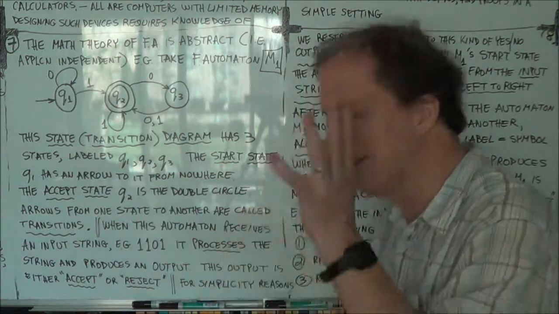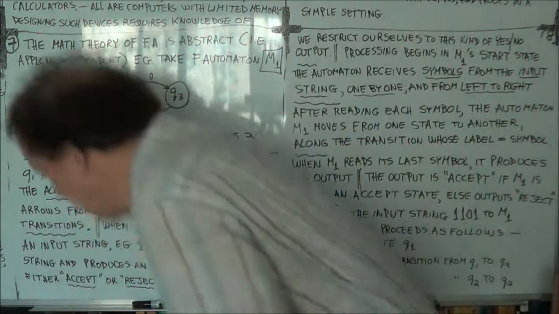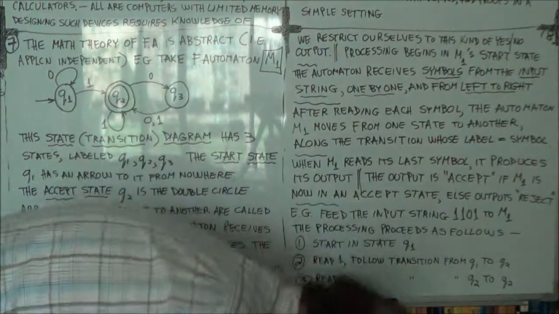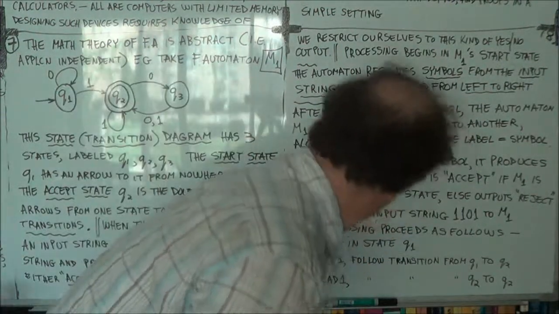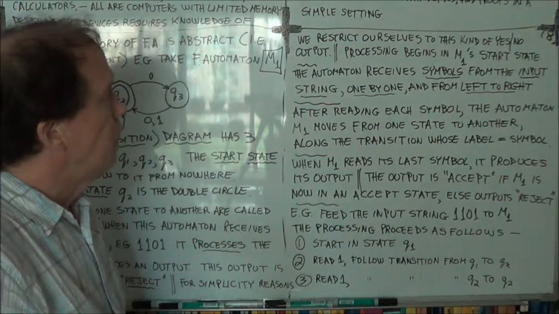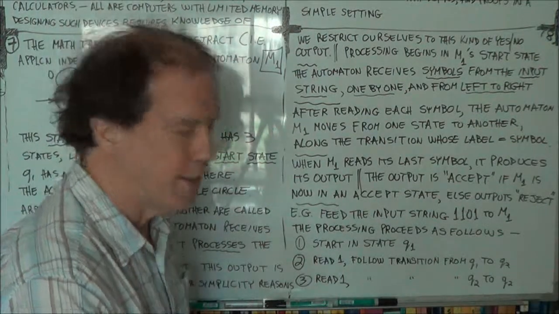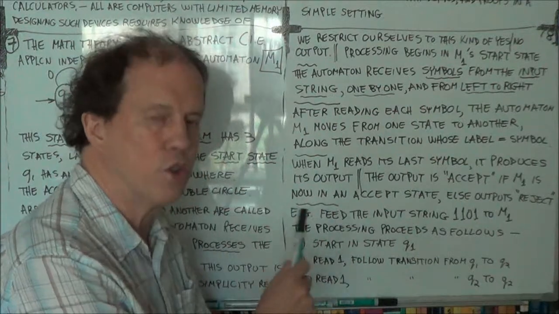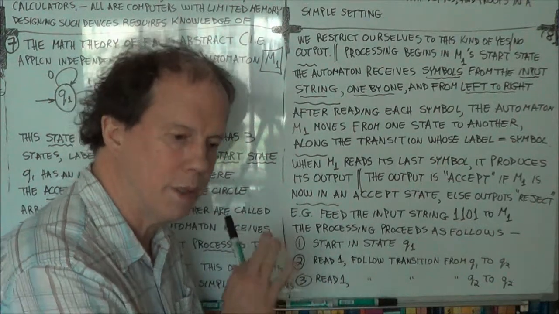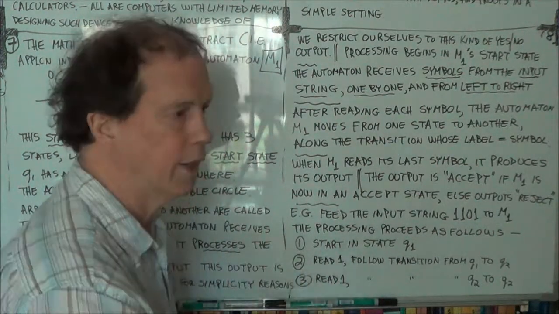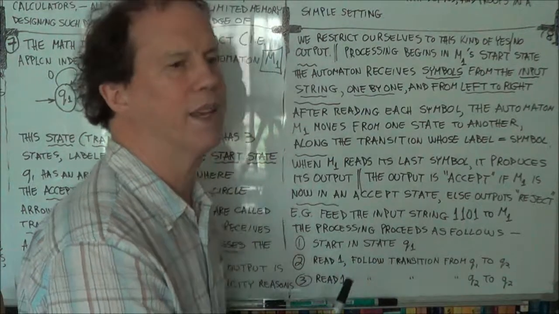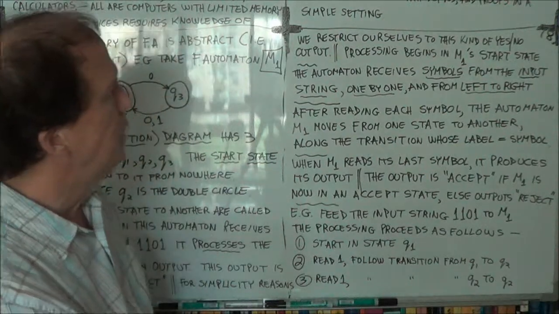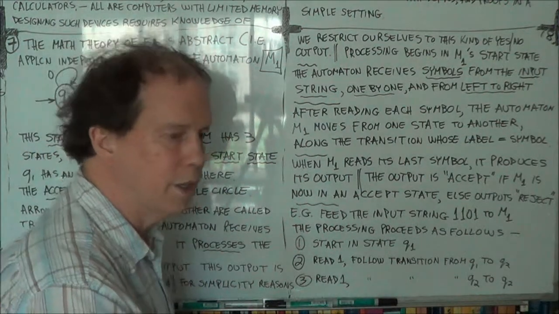Well, that's for later. For simplicity's sake, we will just have two possible outputs, accept or reject, and we can complicate things later. But we're trying to understand the basic ideas first.